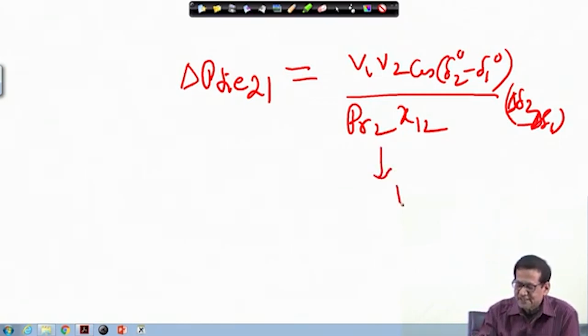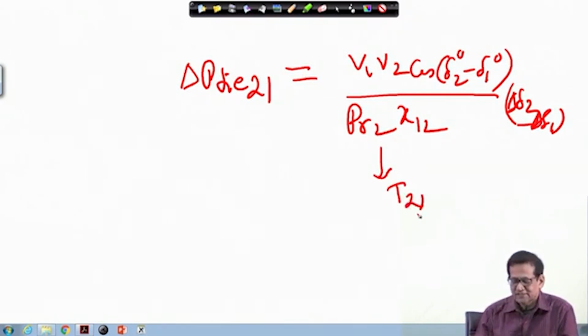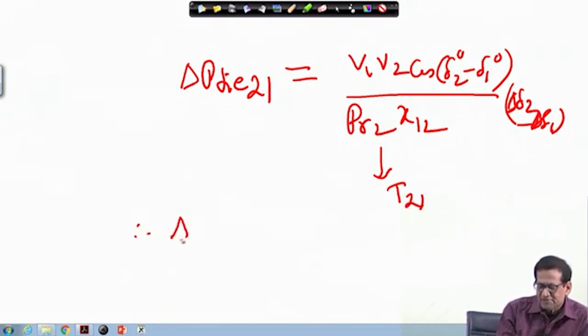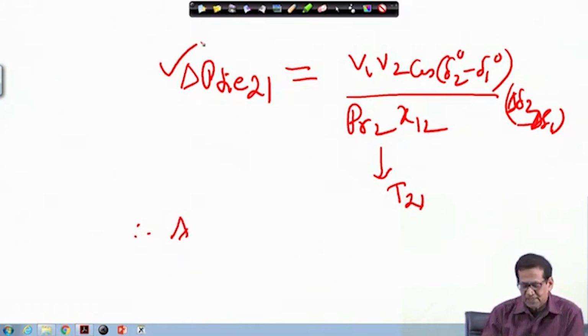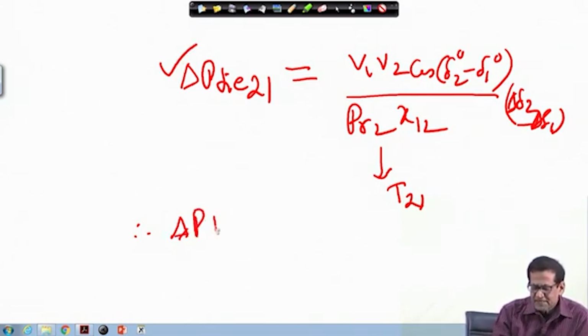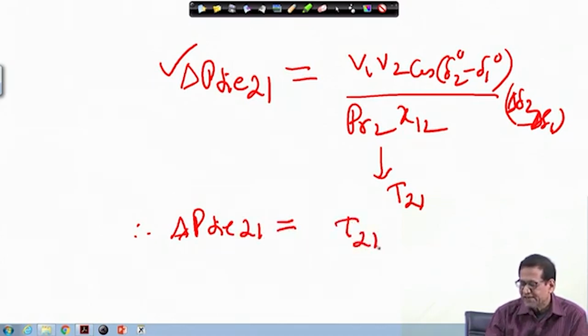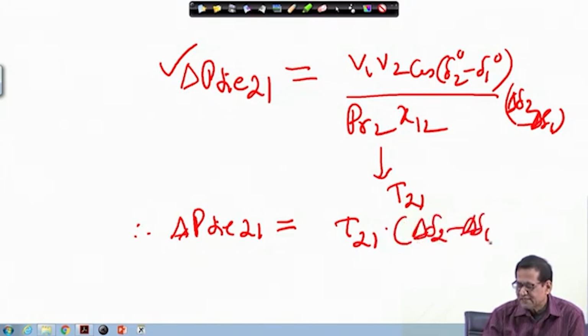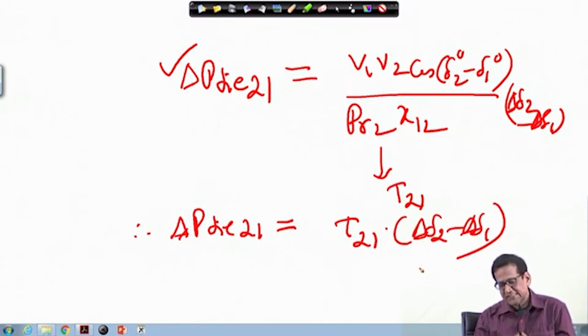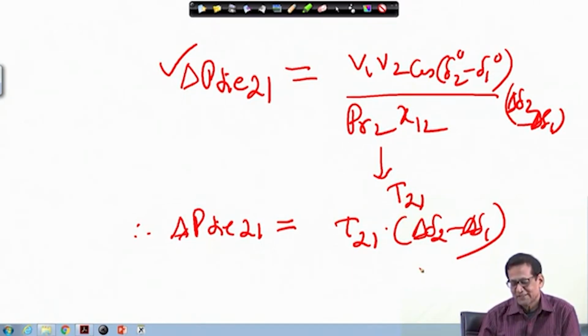So this is actually T21. That means everything is in per unit. Therefore, ΔP_tie21 is equal to T21 times (Δδ2 − Δδ1). So this is the relationship for 1 to 2 or 2 to 1.